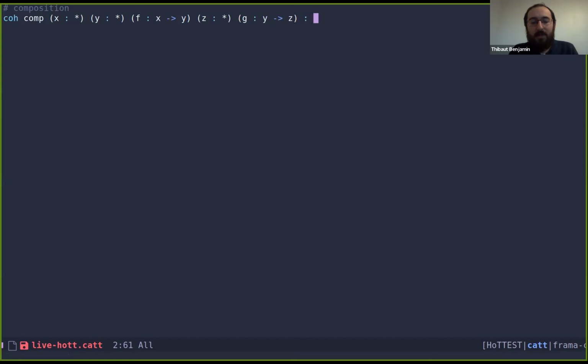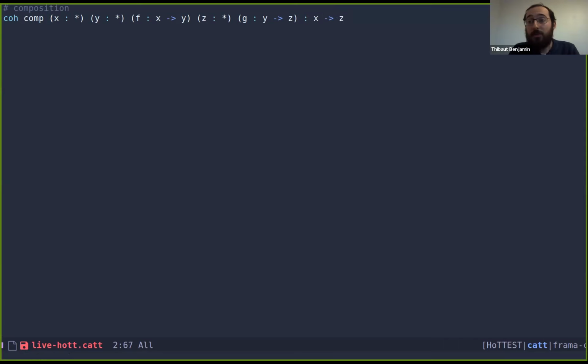But here I'm in the situation where I have X and Y. I have F, which rewrites X into Y. Then I have another Z, and I have G, which rewrites Y into Z. So I can just rewrite X into Z, and that's the composition in weak omega categories.